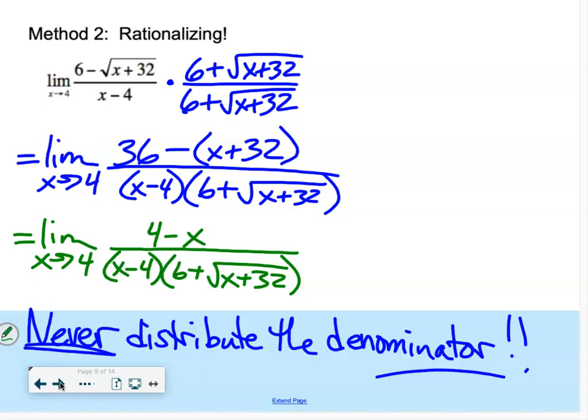They're not exactly the same, but they're close. When you cancel them, you're not left with a 1, you're left with a negative 1, because 4 minus x is actually equal to negative x minus 4, right? Is that okay? Good. So when you cancel this with x minus 4 on top, you're actually left with a negative.